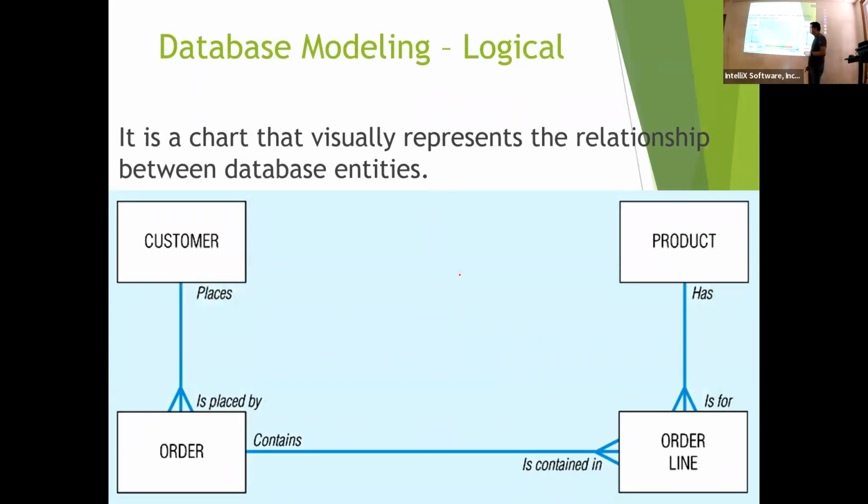Now let me talk about a couple of notations here because you need to interpret what those are. There's a notation here, this particular line here. This shows a relationship. What type of relationship is between the product and order line? What type of relationship between customer and order? So this line shows the relationship.